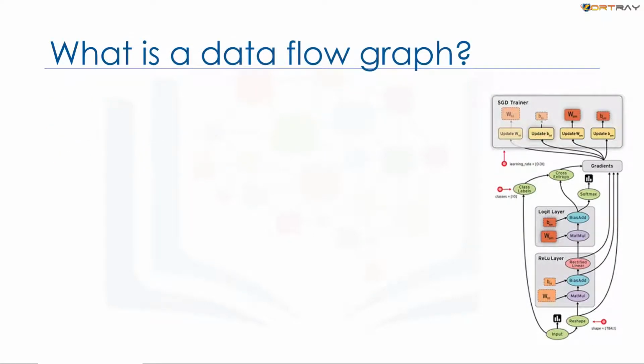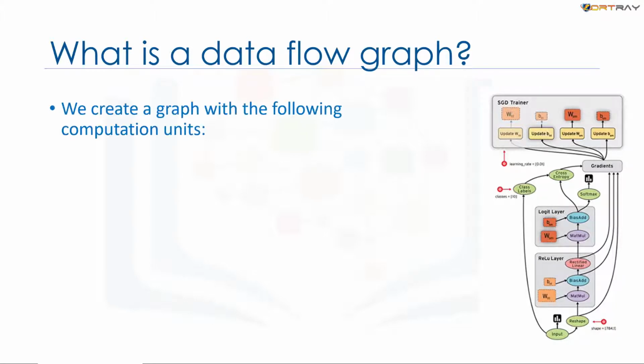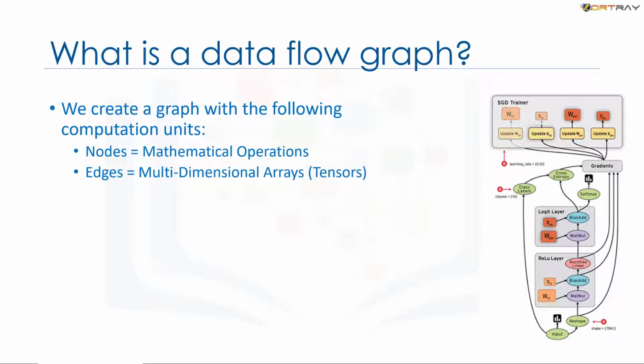TensorFlow's structure is based on the execution of a data flow graph. So, let's take a closer look at this. A data flow graph has two basic units: the nodes, that represent a mathematical operation, and the edges, which represent the multidimensional arrays known as tensors.